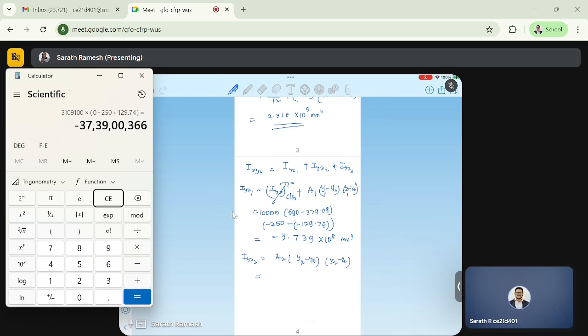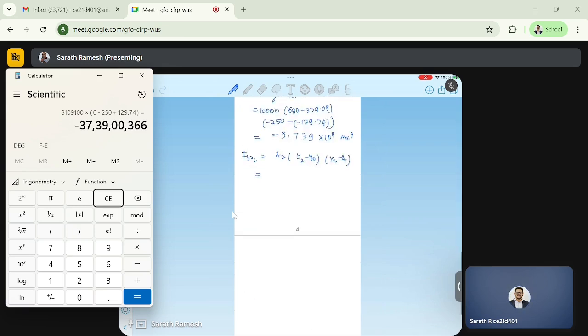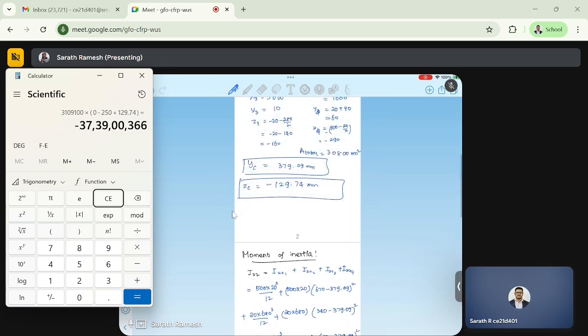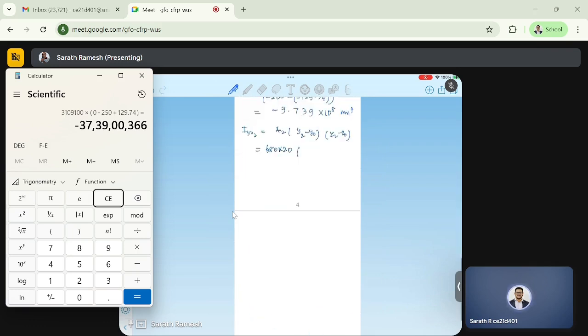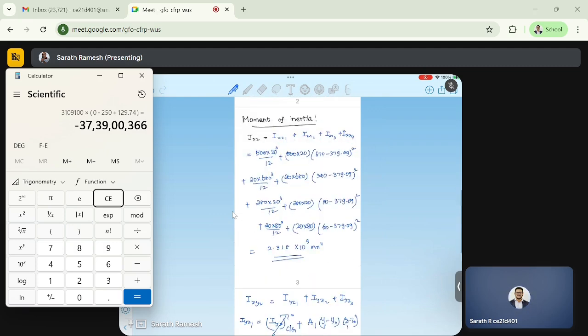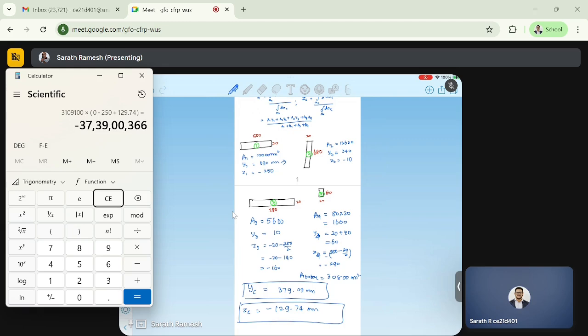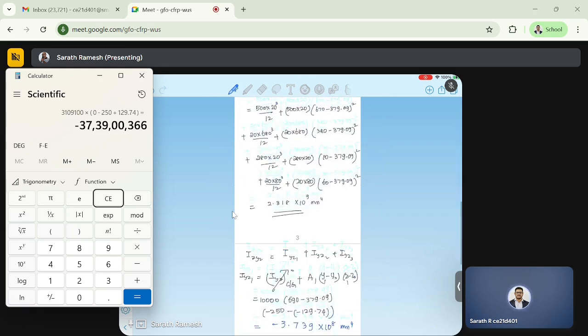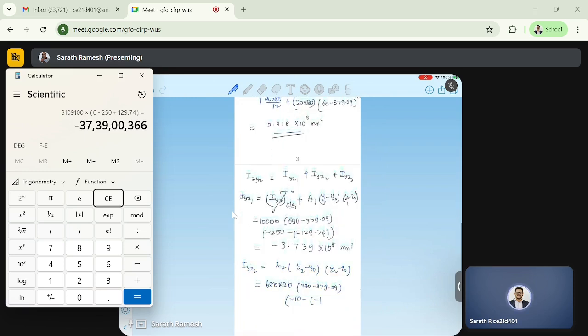A2 is 680 into 20, times y2, which is 340, minus 379.09, times z2 minus z naught, which is minus 10 minus of minus 129.74.